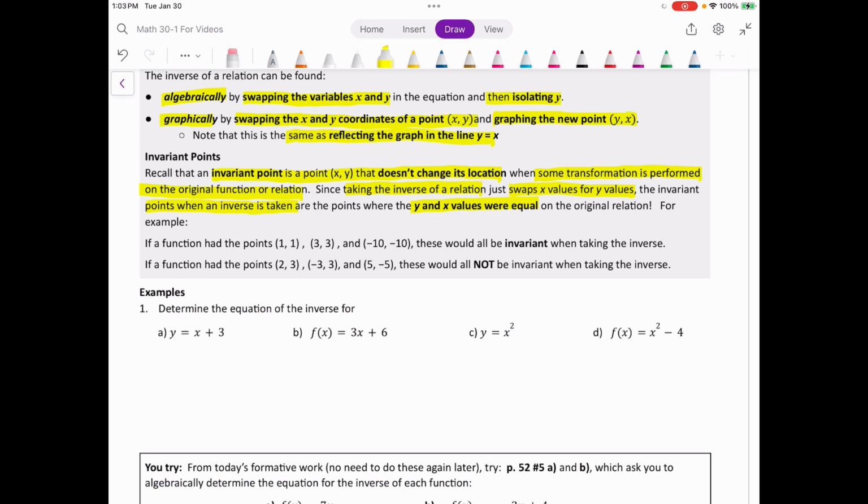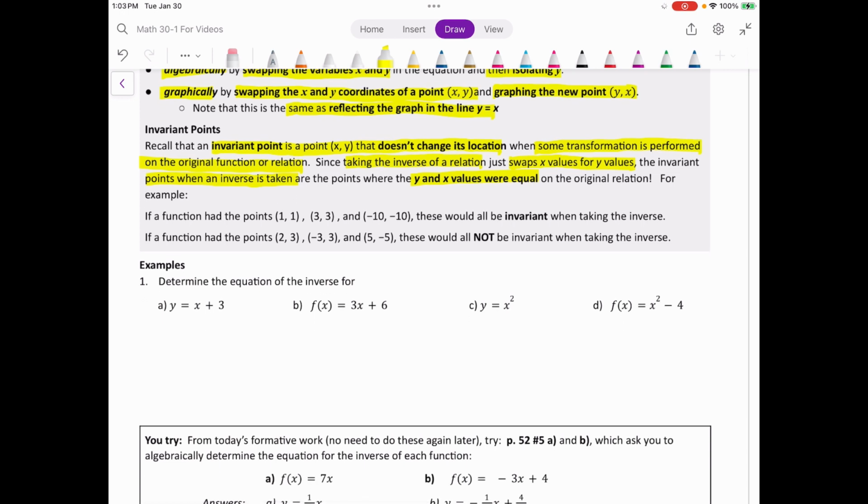For example, if a function had the points (1, 1), (3, 3), and (-10, -10), if I switch those, is that point actually in a different place now? No. I still took the inverse, but it didn't vary the point. The point is invariant to that transformation, or that operation of having its inverse taken. Still in the same spot. So all three of those would be invariant if we took the inverse.